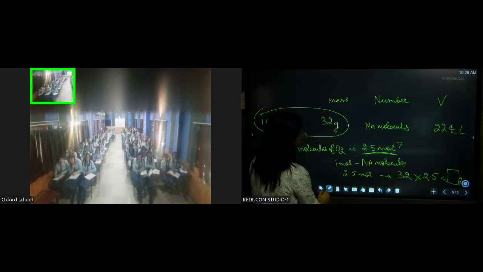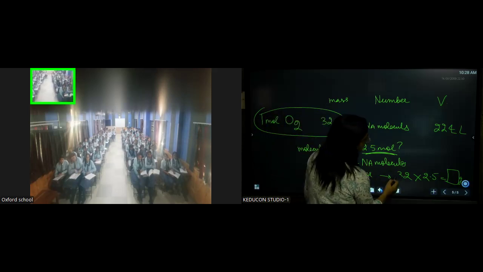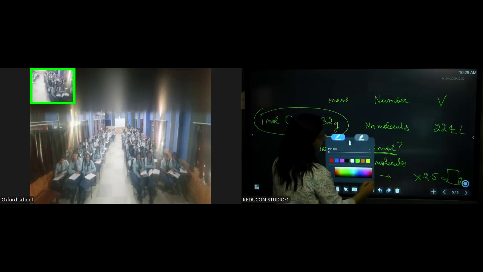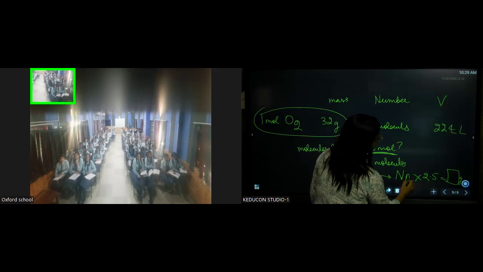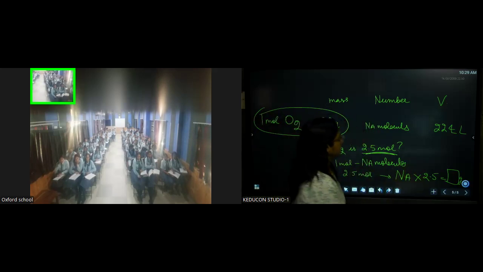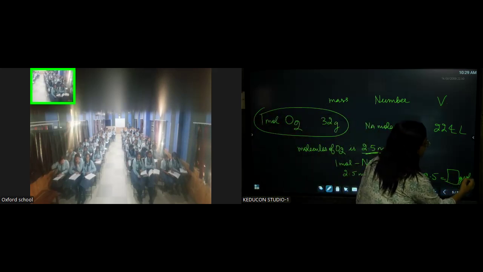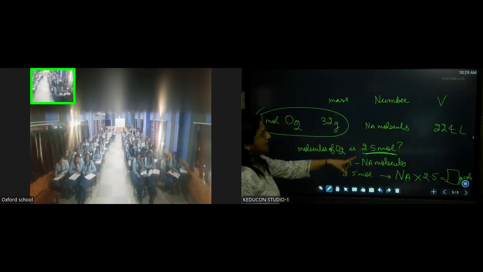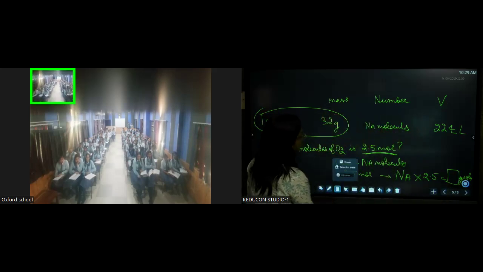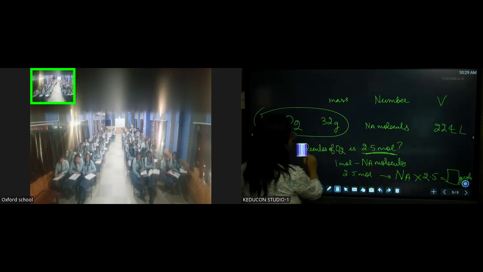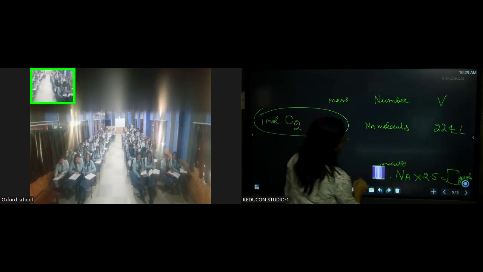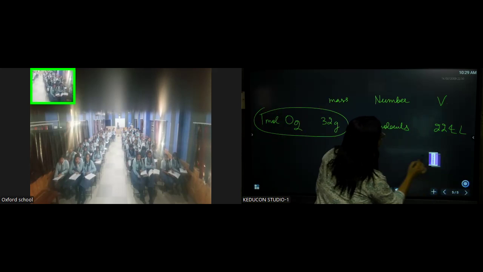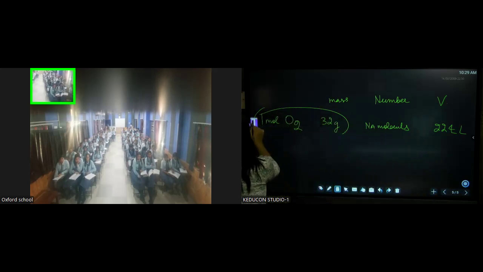So 2.5 mole will have Avogadro into 2.5 number of molecules. So if you know the direct relationship, you'll be able to solve the question. If you know how much is present in 1 mole or 1 gram, you'll be able to do the things.